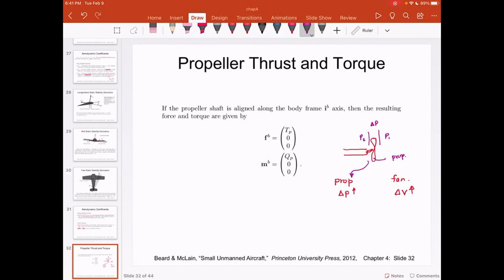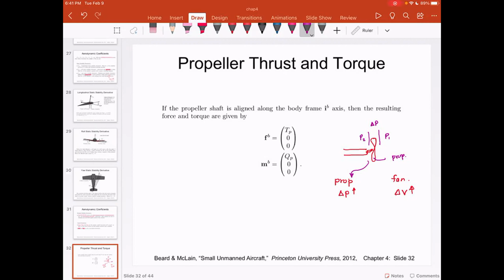Someone may ask, can a prop be used as a fan and a fan be used as a prop? The answer to that question is no. If you put a prop on a fan, then you will notice that the fan will topple down. If you put a fan blade for a prop operation, you will see that the aircraft will not go anywhere. It will just blow air everywhere.